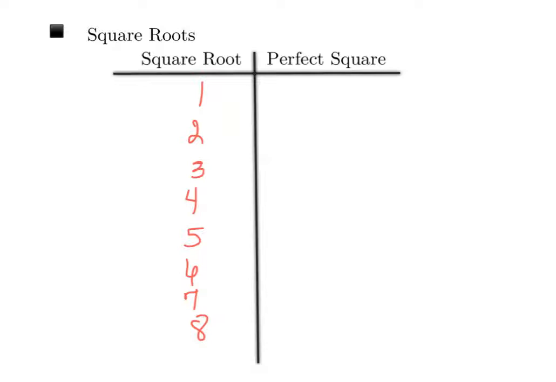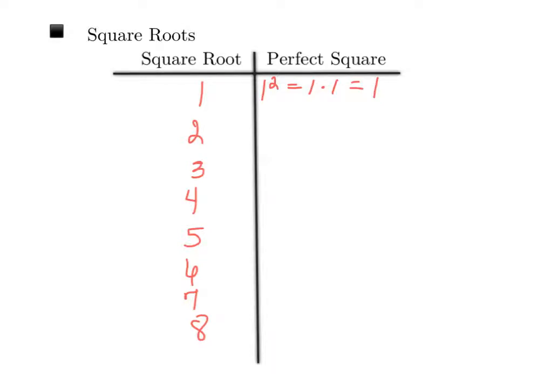So if I have 1 as my first square root, and I'm going to find its perfect square, I'm going to square that number. So 1 squared equals this big number called the base times itself. So 1 times 1. Well, 1 times 1 is 1.